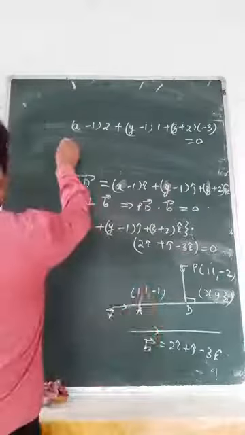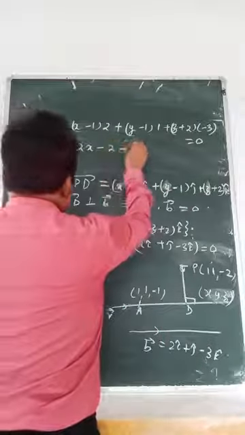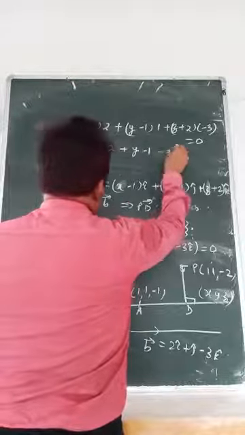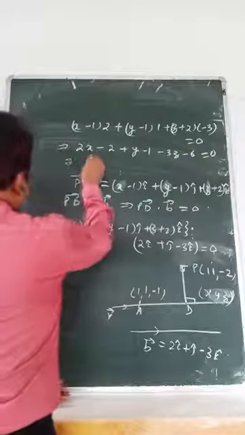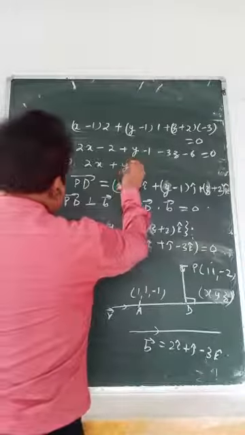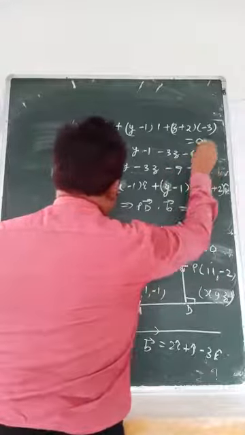Multiply, what do you get? 2x minus 2, plus y minus 1, minus 3z minus 6 equals 0. This gives you 2x plus y minus 3z minus 9 equals 0.